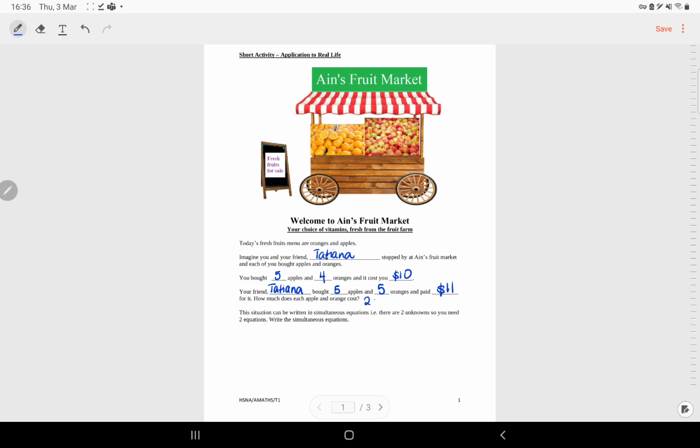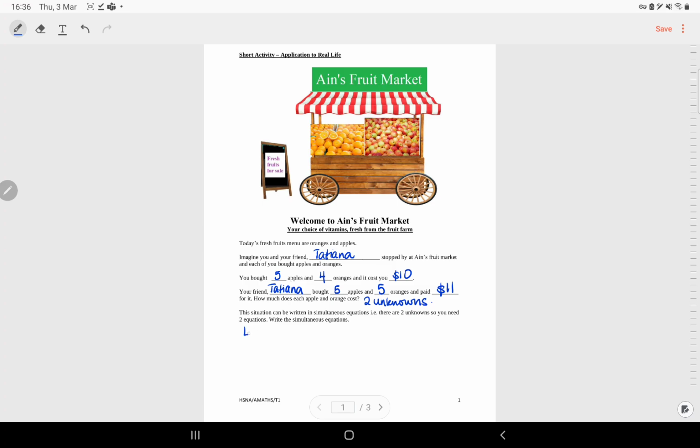There are 2 unknowns. And always remember this, when you have 2 unknowns, you need 2 equations, and you're going to solve them simultaneously. If you have 3 unknowns, x, y, and z, you will need 3 equations. So in this case we need the price of an apple and the price of an orange. Those are our 2 unknowns.